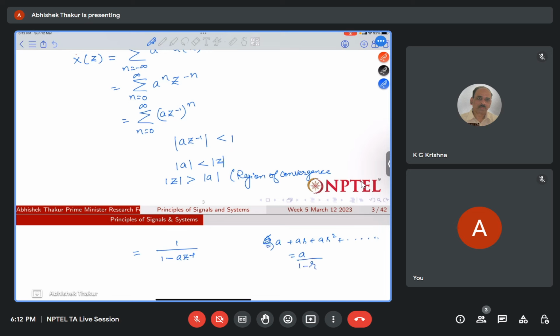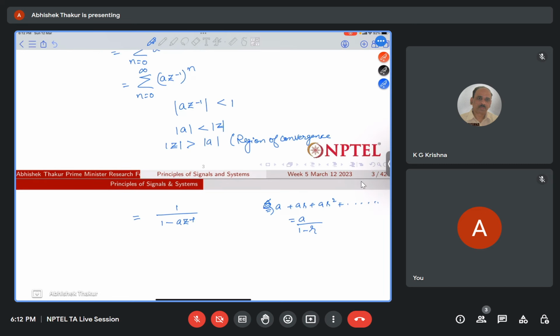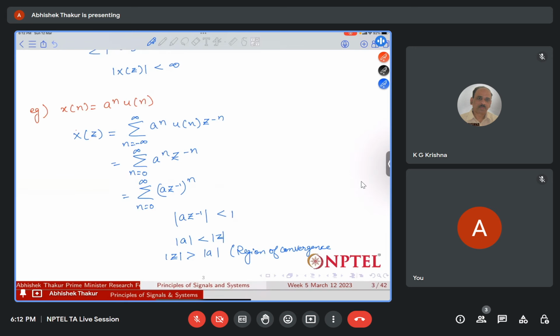So here we'll use the same formula and we will get 1 by 1 minus a z to the power minus 1. So for this we have got the Z transform.